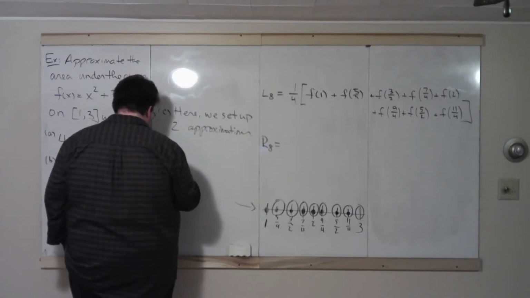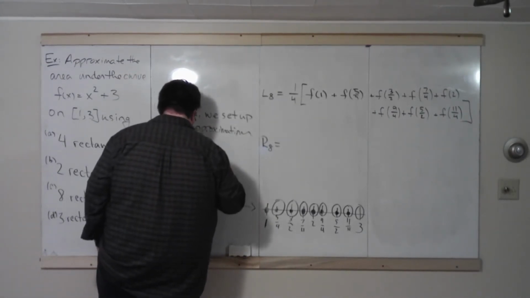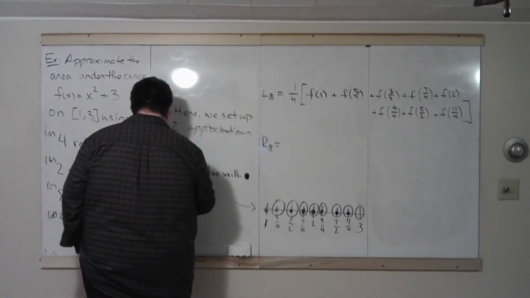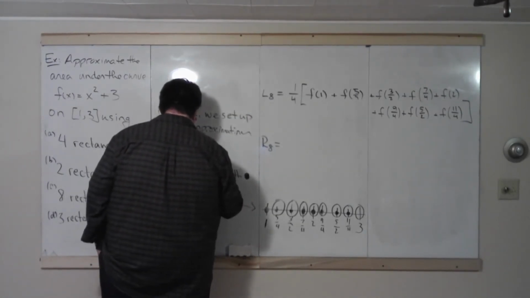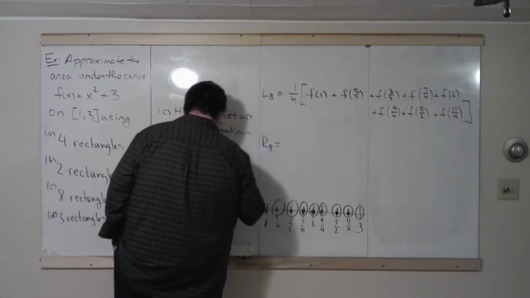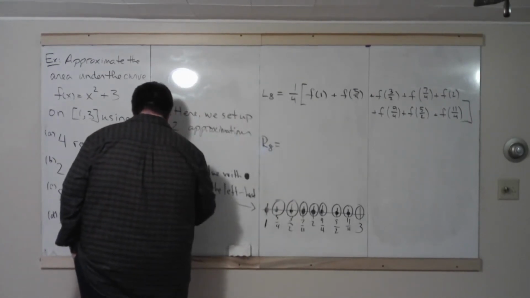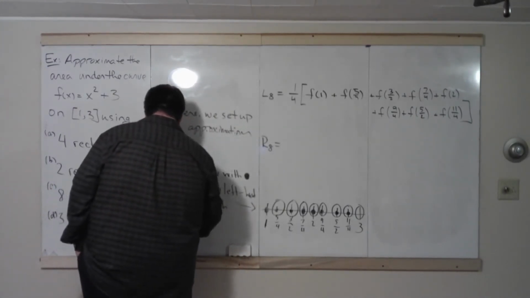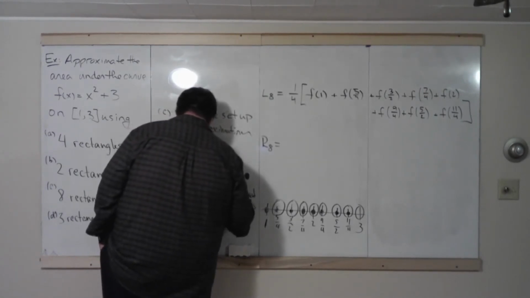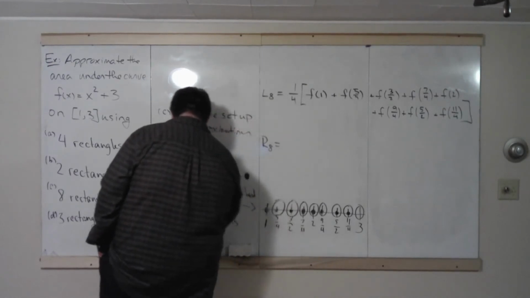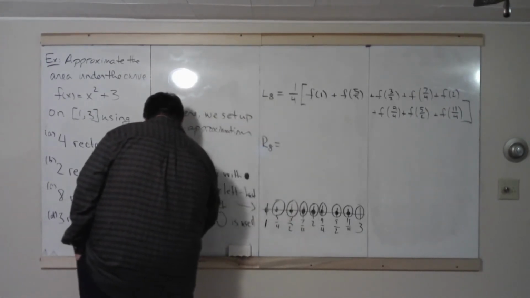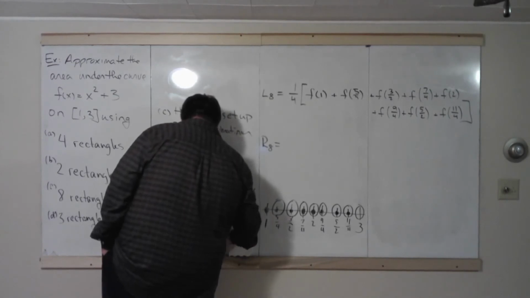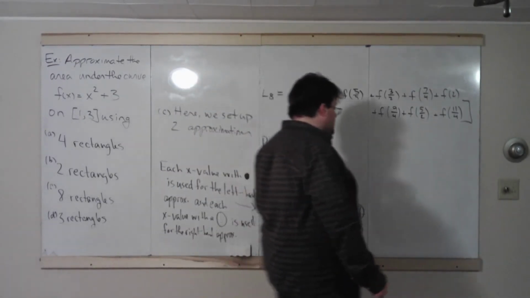I'll just say each x value with a filled-in dot is used for the left-hand approximation, and each x value with a large circle is used for the right-hand approximation, which is a large word, so you can just write that in approx.